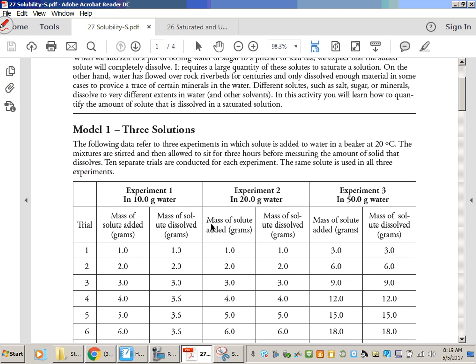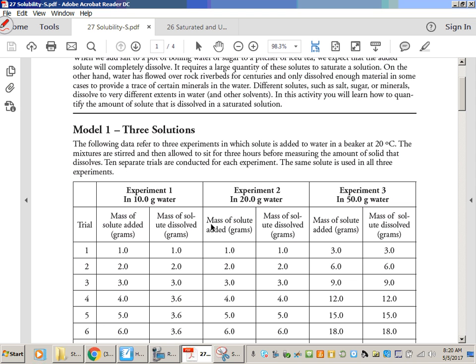You may be able to do that very quickly, but you're setting up a proportion. 100 grams of water compared to the 10 grams of water should dissolve how much more? 10 times more. So how much should be dissolved in 100 grams? 36 grams. Okay? Same thing here. If I want to put it into 100 grams of water as a ratio, 20 grams goes into 100 grams how many times? 5 times greater.